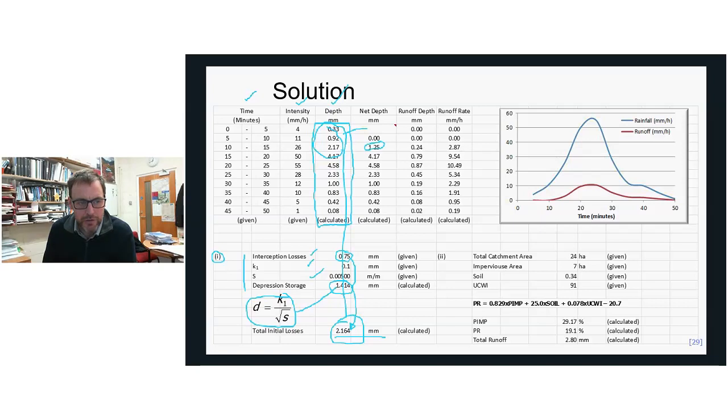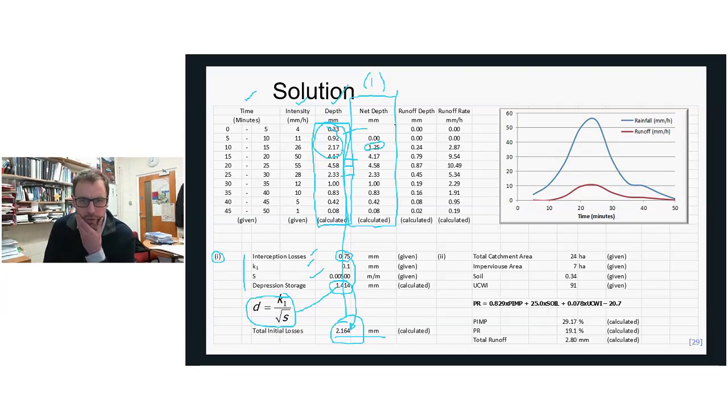So there's no more initial losses, so these columns here can just be converted straight over, right? So that part here is the answer to question 1.